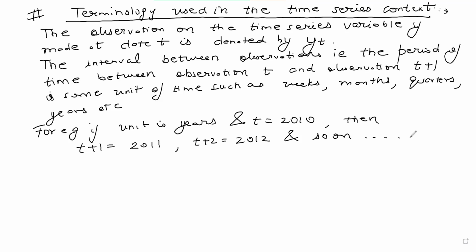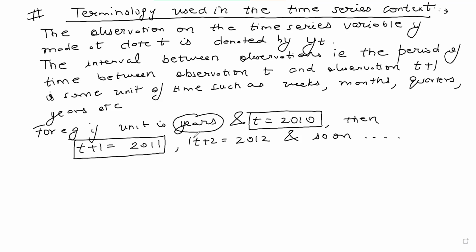If I measure time in years, and suppose year t denotes the year 2010, then year t plus 1 will be the year 2011, year t plus 2 will be the year 2012, and so on. I hope students have understood this.